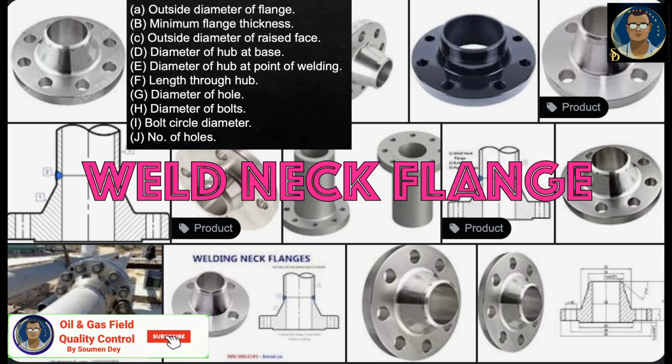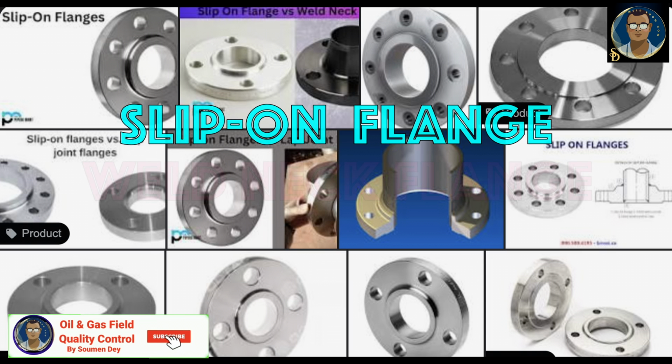The various dimensions to be specified on a welding neck flange are outside diameter of the flange, minimum flange thickness, outside diameter of raised face, diameter of hub at base, diameter of hub at the point of welding, length through hub, diameter of hole, diameter of bolts, bolt circle diameter, and number of holes.